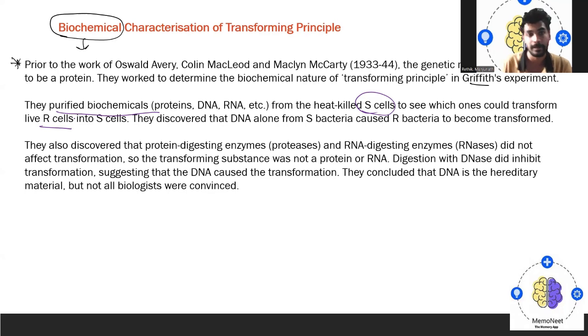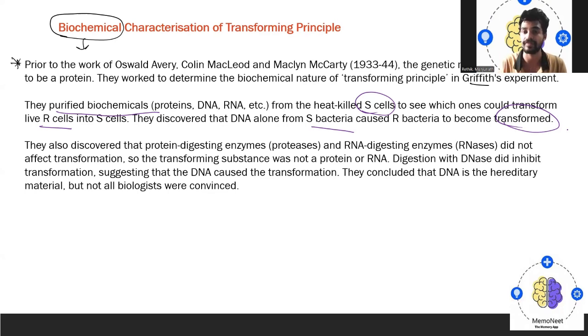They discovered that DNA alone from S strain bacteria causes the R strain bacteria to become transformed. So they concluded that DNA alone is sufficient to transform R strain bacteria into S strain bacteria.